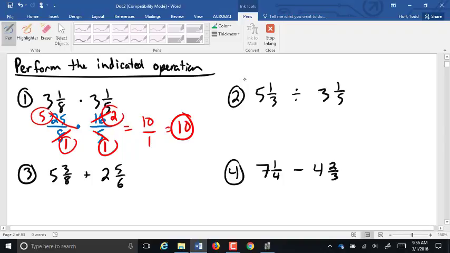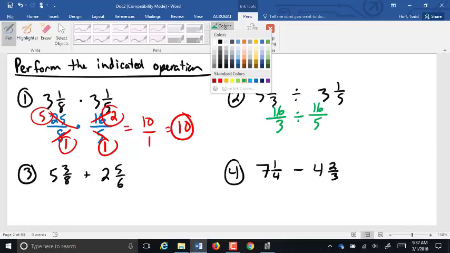Number 2, what do we start out with when we're dividing mixed numbers? Make them improper. 5 and 1/3 becomes 16/3. 3 and 1/5, 16/5. This is still multiplication.